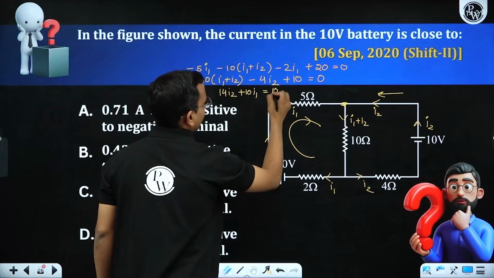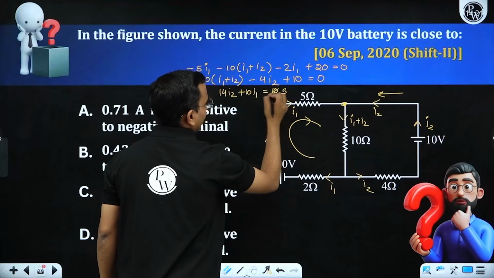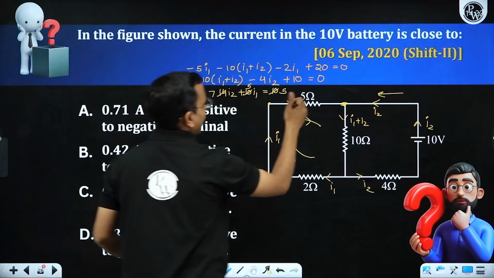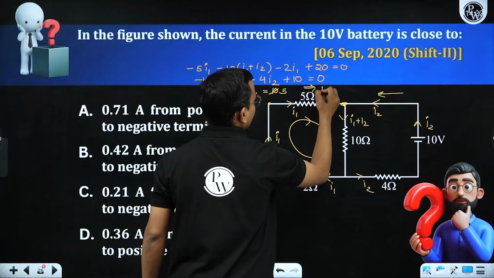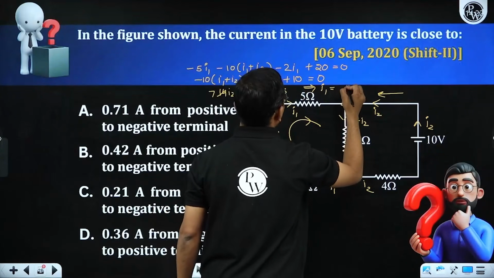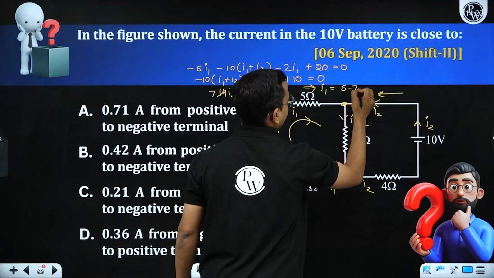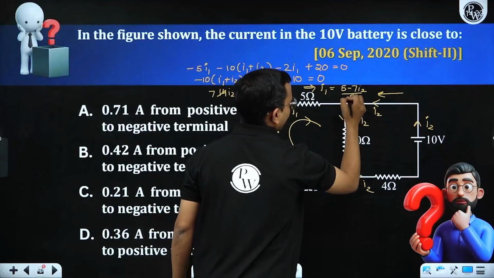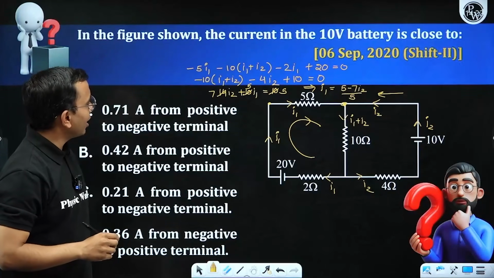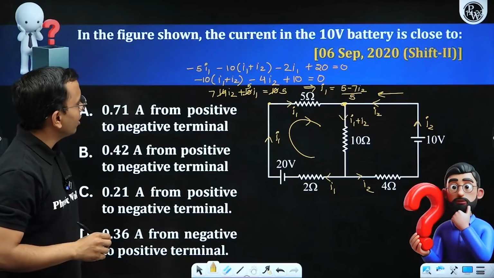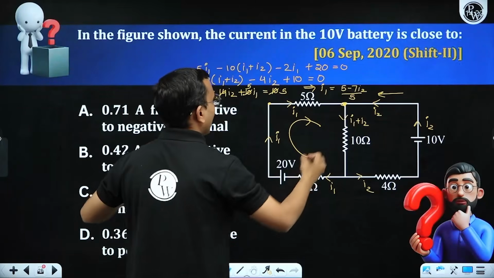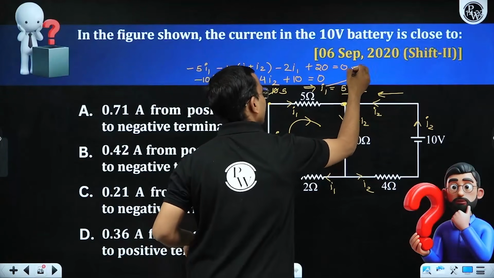With 2 I can cancel, so this is 5 and this is 5, and this is 7. So from here I can say that I1 is basically (5 minus 7 I2) by 5. Perfect. This is my I1, and this I1 I will put in this equation.